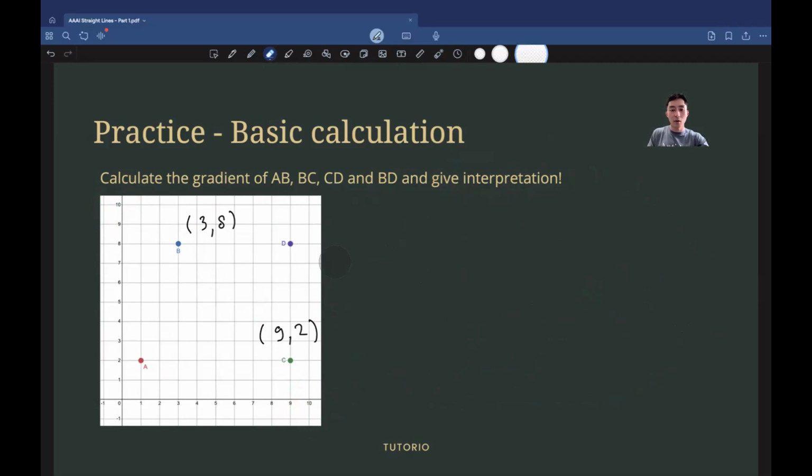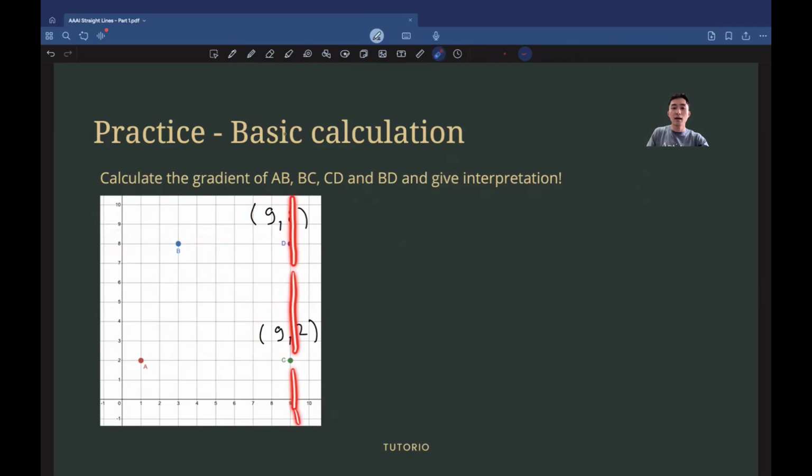I'll keep the coordinate C and erase the B, and let's calculate it here. D is (9, 8). We can see the x is 9, and then the y is 8. Here we see the same x coordinate, so this is a vertical line.